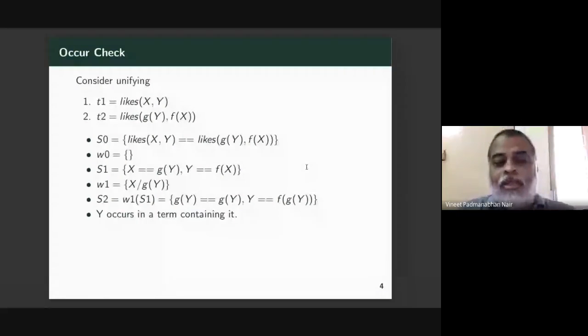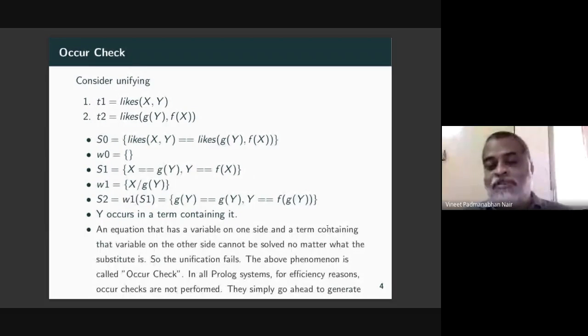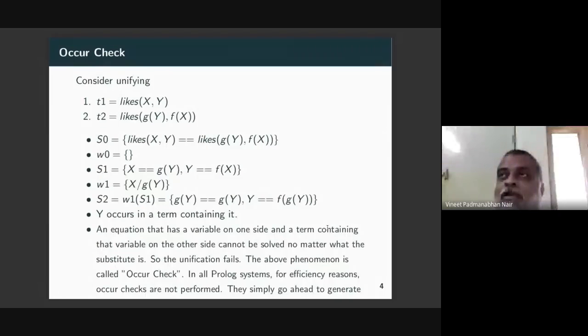So why, and what is the reason? Y occurs in a term containing it. X you have replaced with g of y, but y again you are telling is f of g of y. So this y occurs in a term containing it. If that sort of thing happens, then something really nasty is going to happen as far as programming in logic is concerned, and that is what I have explained below.